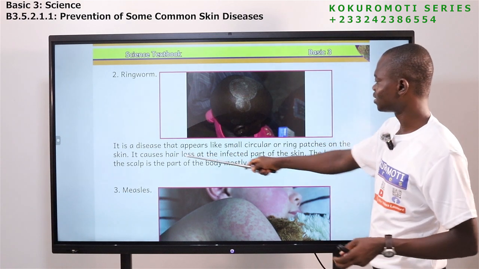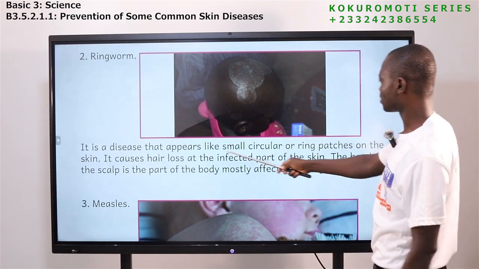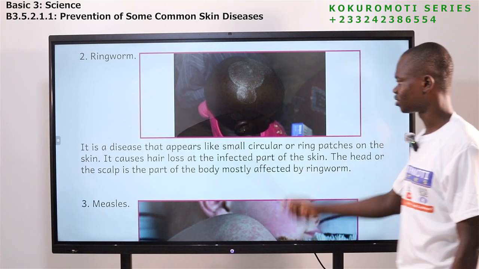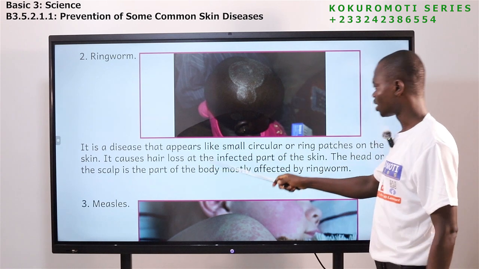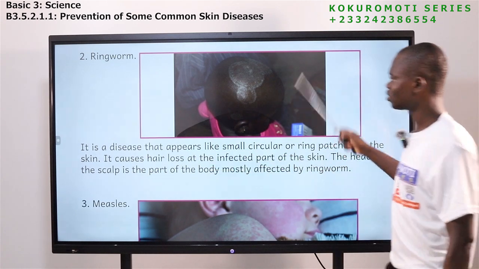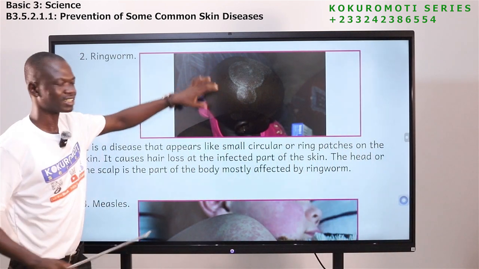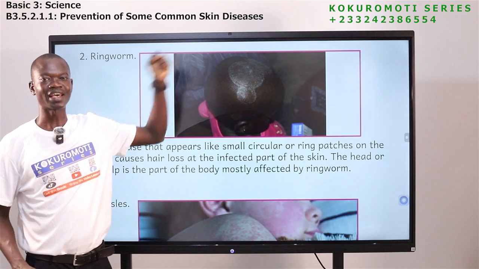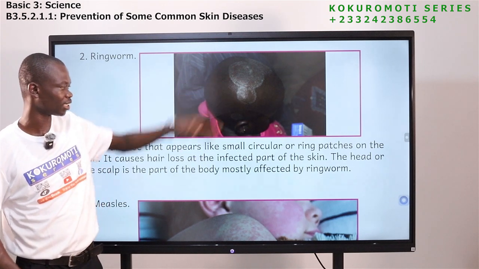It's a disease that appears as small, circular, or ring patches on the skin. It causes what? Hair loss at the infected part of the skin. So anytime you see ringworm, that affected area, it removes all the hair from that area.